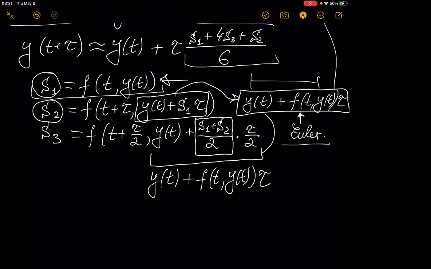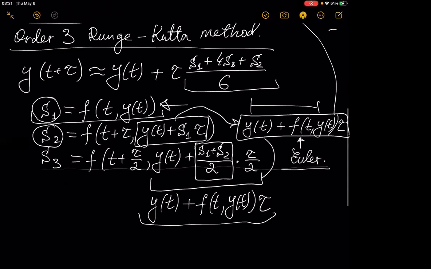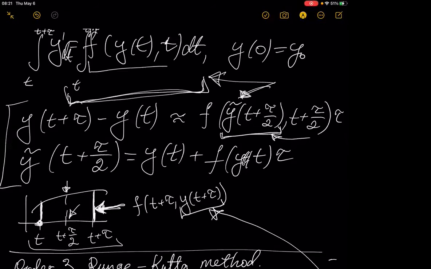So again, Euler's step. But what is this f? Remember, f is nothing else but the slope of the derivative, right?